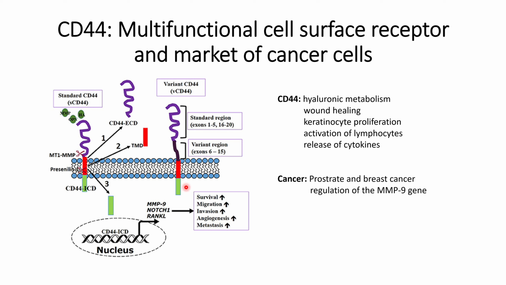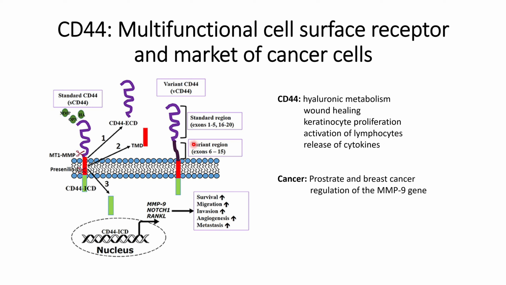Let us understand, in case of a cancerous cell, what kind of CD44 marker exists. It's not usually the case. The standard it is similar to standard CD44. There is some variant region, that is exon 6 to 15, as it is shown by this dark blue color, or you can say a color similar to black.